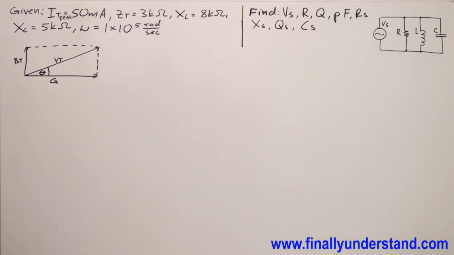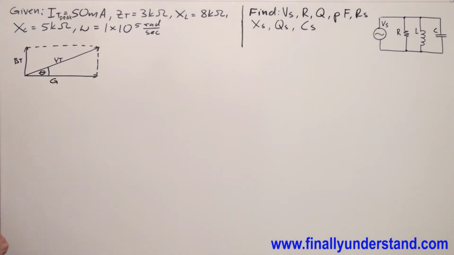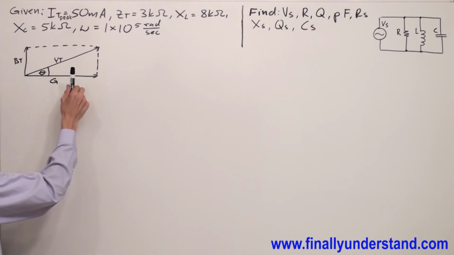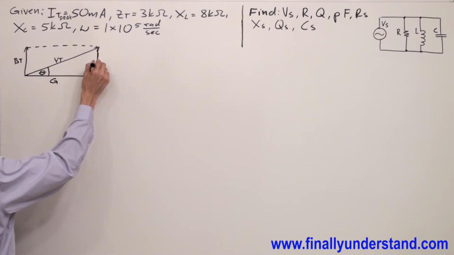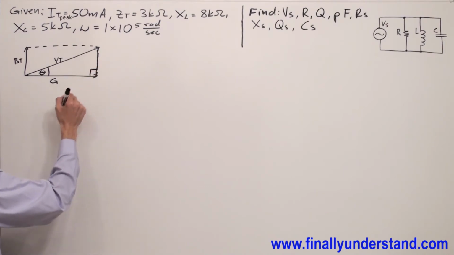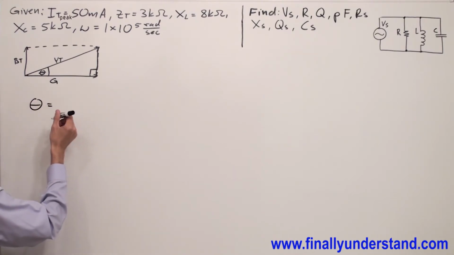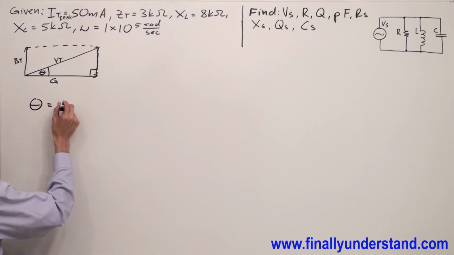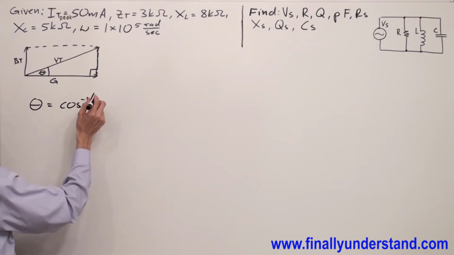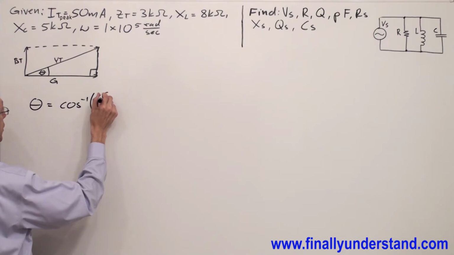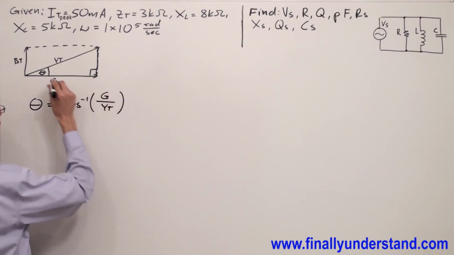Now we are ready to find the angle theta. Okay, so this is the triangle which we obtained in the first part of this video. We said that this is a right triangle. So I can find this angle by, let's say, using the inverse cosine. Inverse cosine of G divided by Y total will give me this angle.